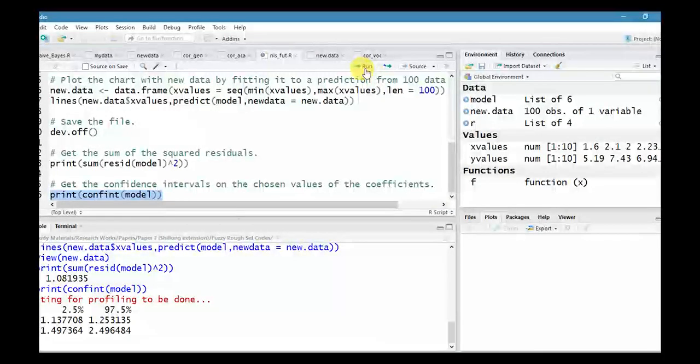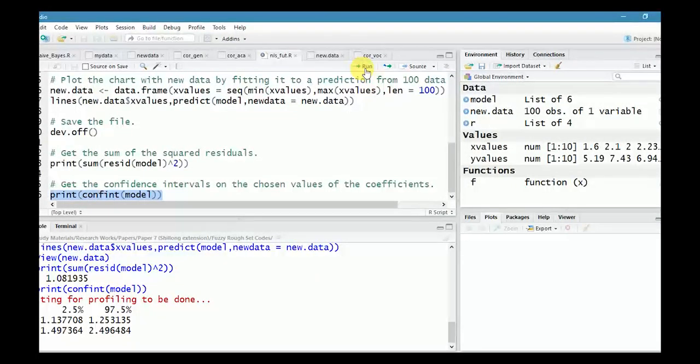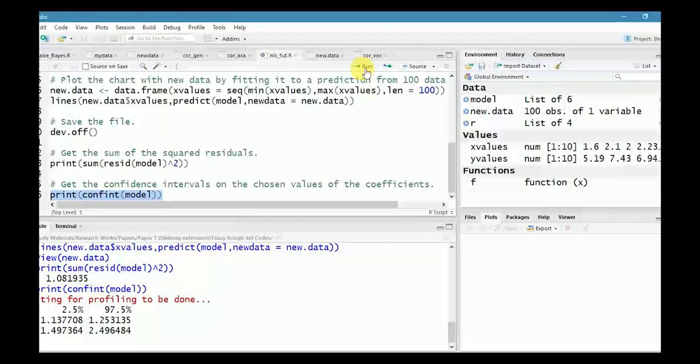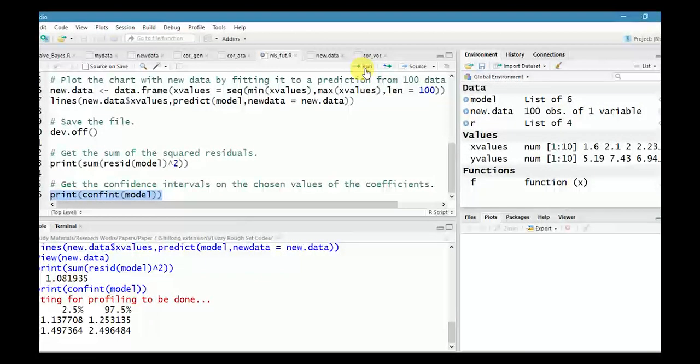So the value of b2 will be close to 2.49 rather than 1.49 in most of the cases. So this is how we compute the curve fitting for polynomial equations using R and mathematically as well. Thank you.